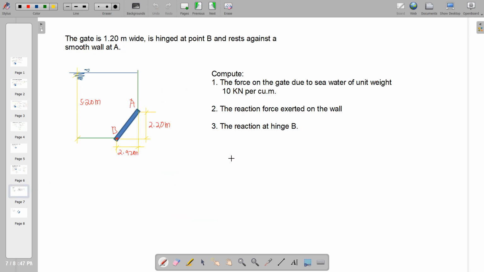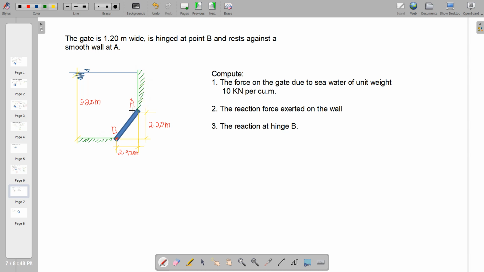So for the next problem, we have here an upstream portion of the dam. We have here the floor. We have here the flooring. And here we have a smooth wall.